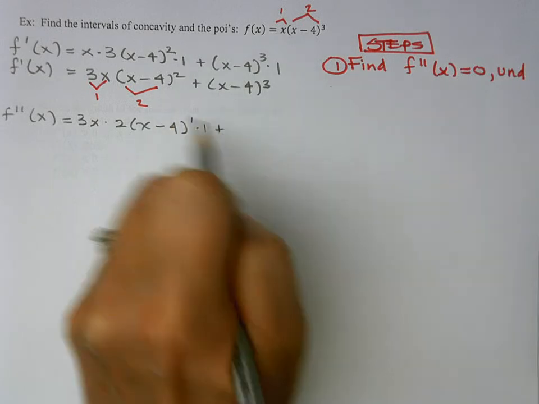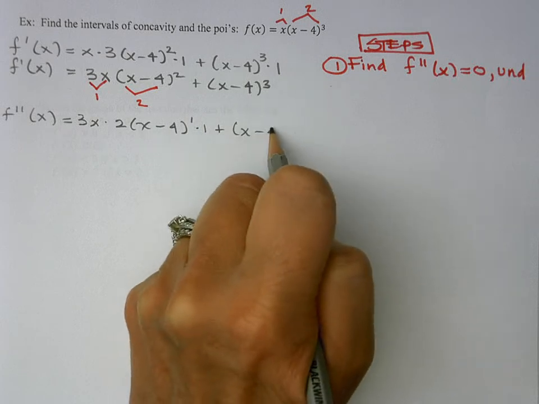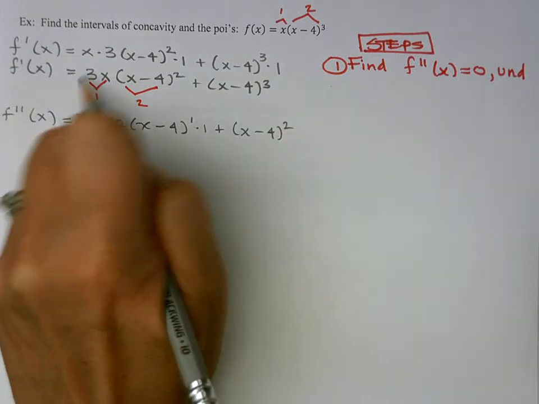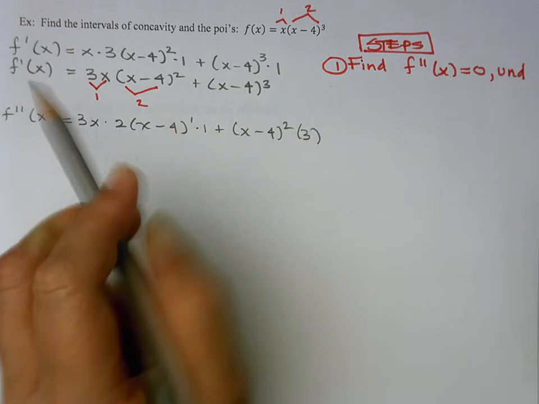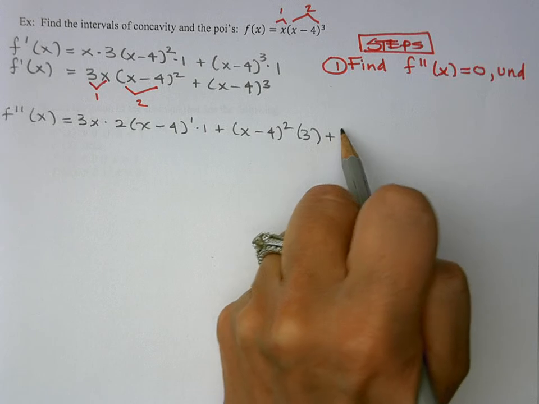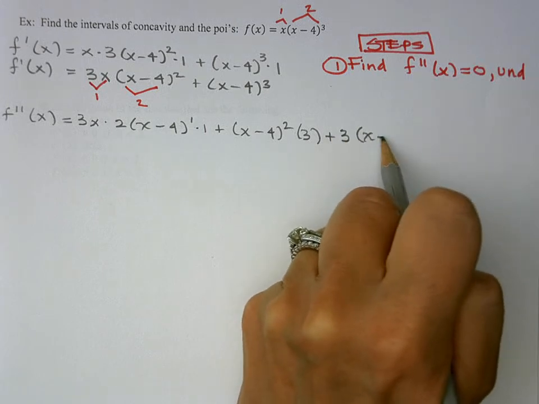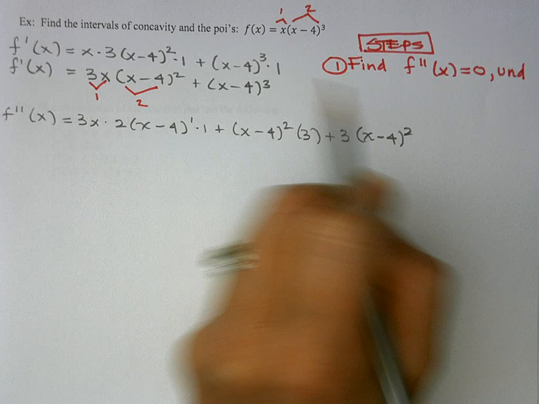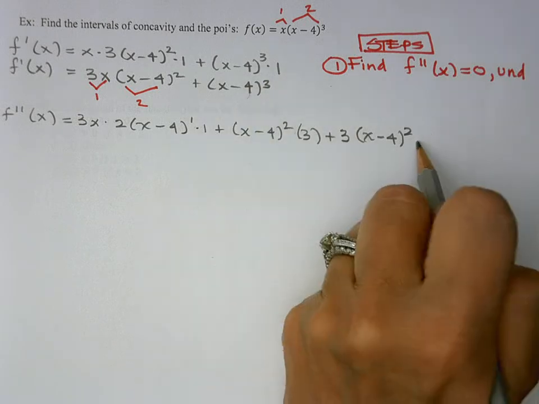And now plus 2 d1. So this is just the 1 d2 plus 2 d1, and now I'm going to take that derivative, so that would be 3 times x minus 4 squared, and then the derivative of x minus 4 is just 1.